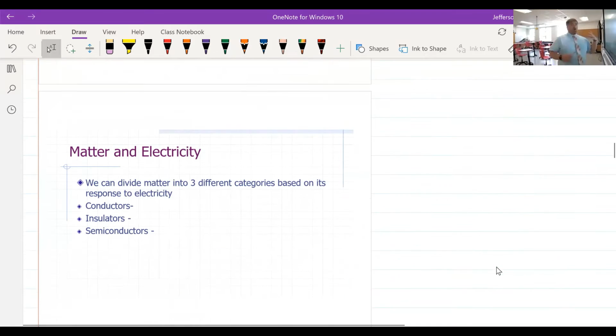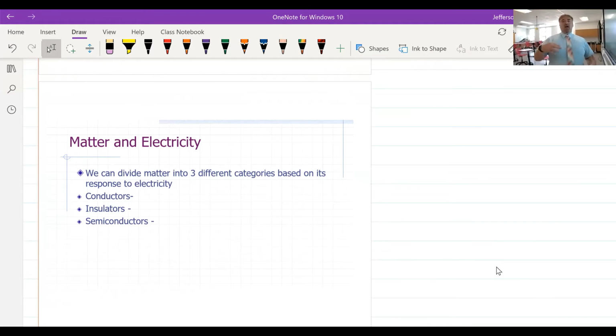All right. This is something you learned probably a long, long time ago, at least in 8th grade physical science, probably in chemistry. But we divide matter and how it reacts to electricity into 3 different categories. Conductors allow charges to flow through, and generally, pretty easily. Okay?